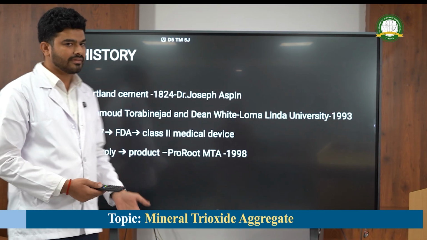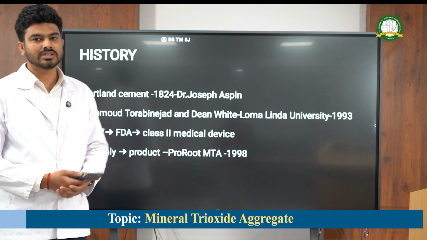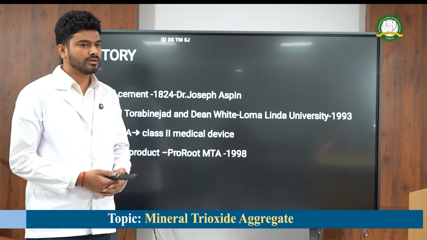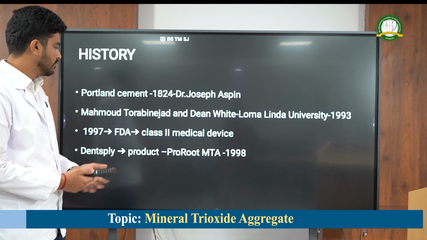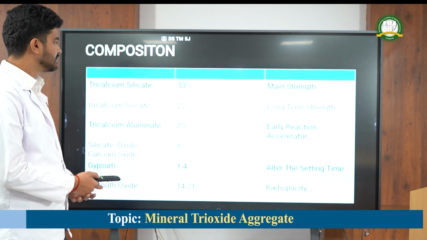In 1997, the FDA classified it as a class 2 medical device which can be safely used in the oral cavity, and it came to the market under the name ProRoot MTA by the company Dentsply in 1998.